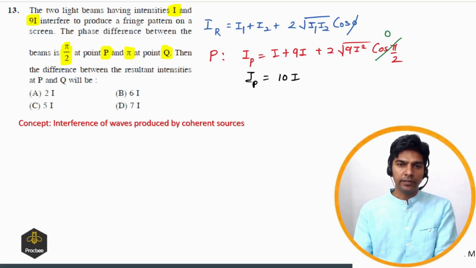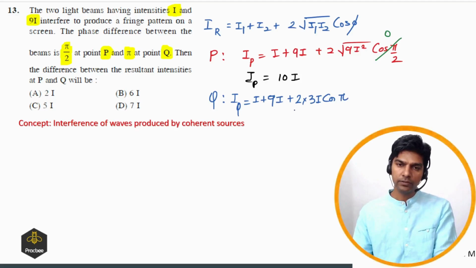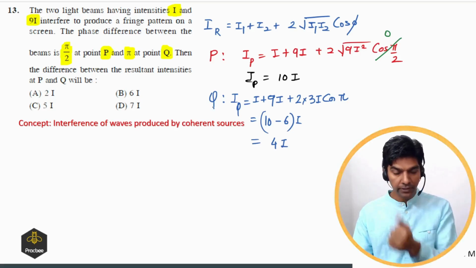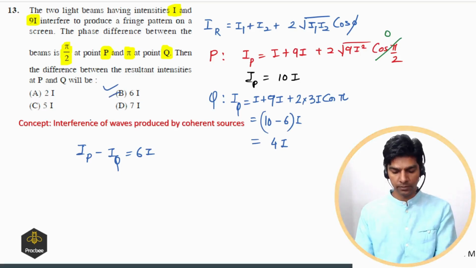Now let us find the intensity at Q. So intensity at Q will be I plus 9I plus 2 times 3I cos pi. And cos pi is negative 1. So this comes out to be 10I minus 6I, which will be 4 times I. And we have to find the difference between the resultant intensities. So IP minus IQ comes out to be 6I. So option B is the right answer.